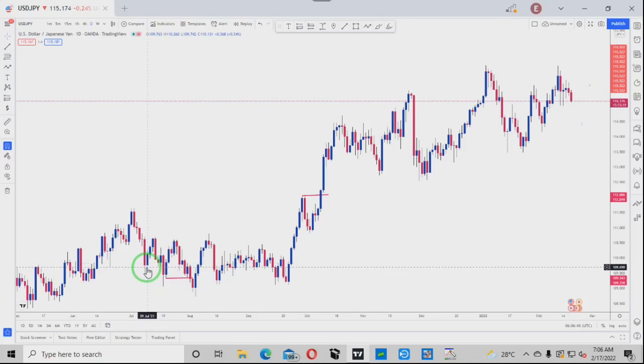Now, let me emphasize this point. Anytime you have a lower high, in the case of a downtrend, there must be a lower low. All right? If the point you mark as your lower high in the case of a downtrend does not produce a lower low, it is not a valid lower high.